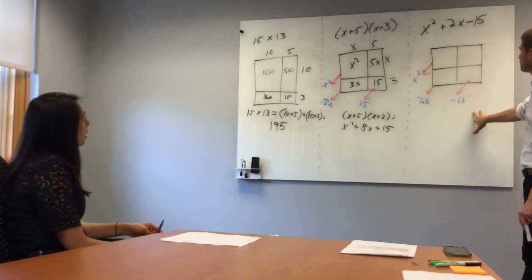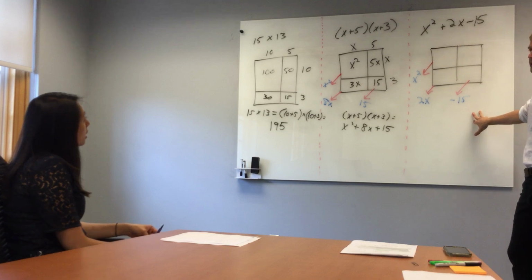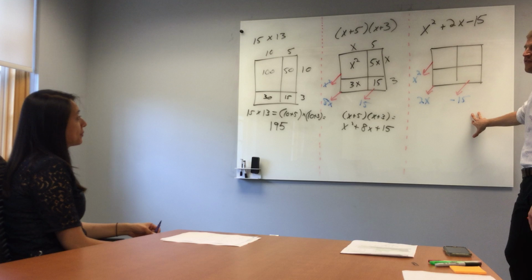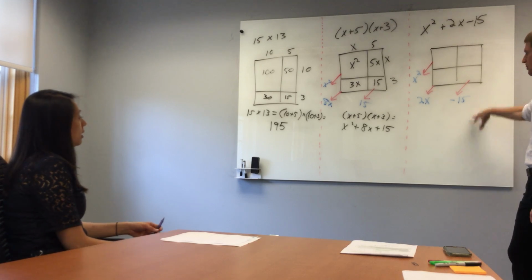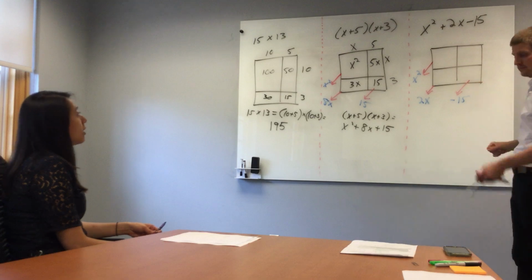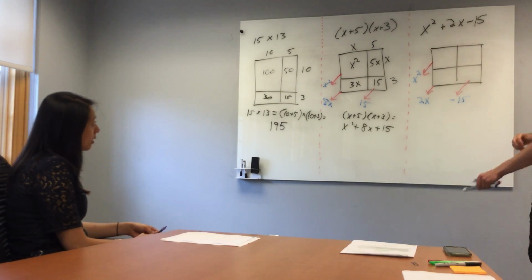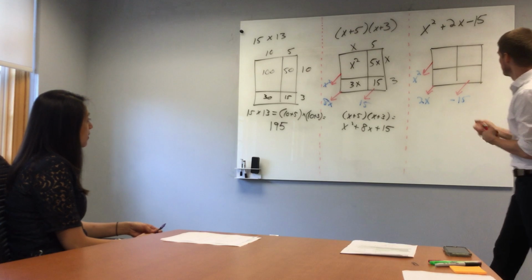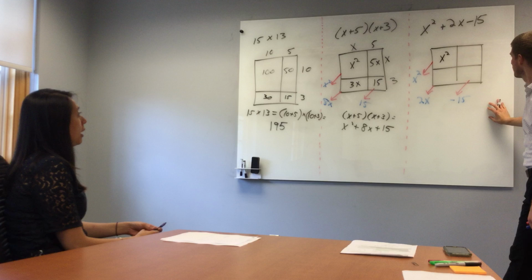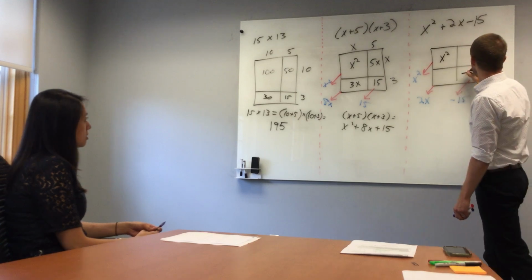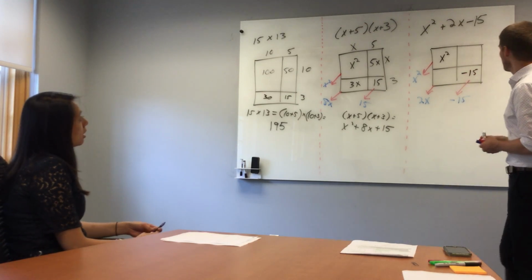Okay. Let me ask you this question: what partial products could we fill in right now? Yeah, there's 2. So the x squared in the top left can be filled in. Okay. And then the minus 15 in the bottom right can be filled in. Yes. Okay. That makes sense.